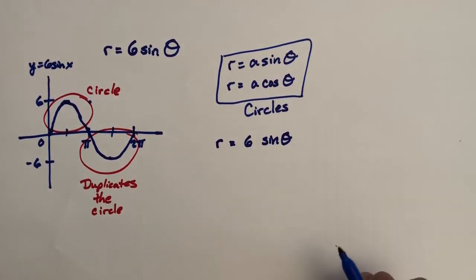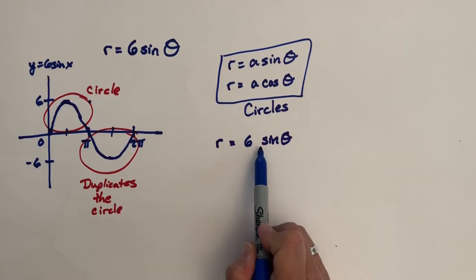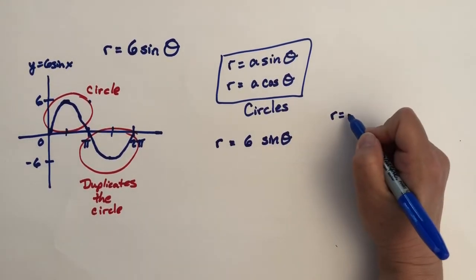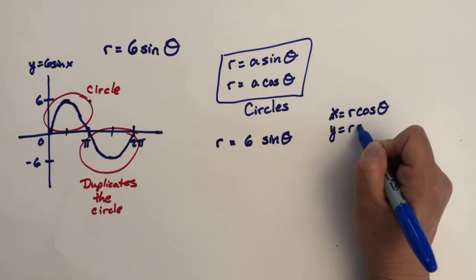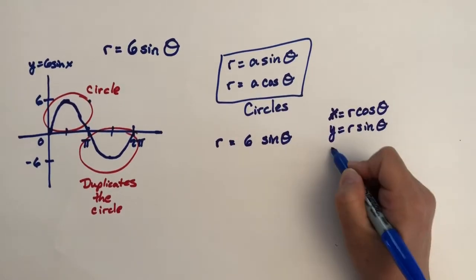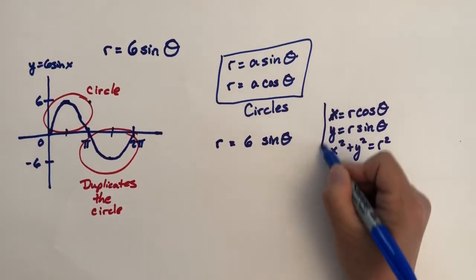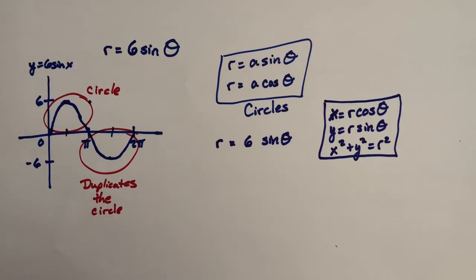Remember, when we're converting from polar to rectangular, we want an r right here because we know x equals r cosine theta, and y equals r sine theta, and x squared plus y squared equals r squared are our relationships that we use when we're talking about polar and rectangular equations and points.